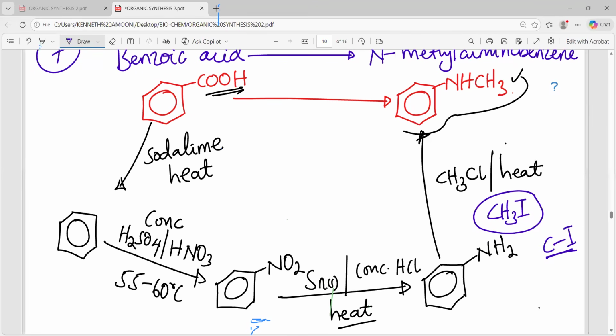That makes the carbon halogen bond longer, making it weaker, and so it is more reactive. So when you're using that, you don't heat, but you can just use chloromethane and then heat and you'll form that final product. So that is the synthesis we have for number 7.